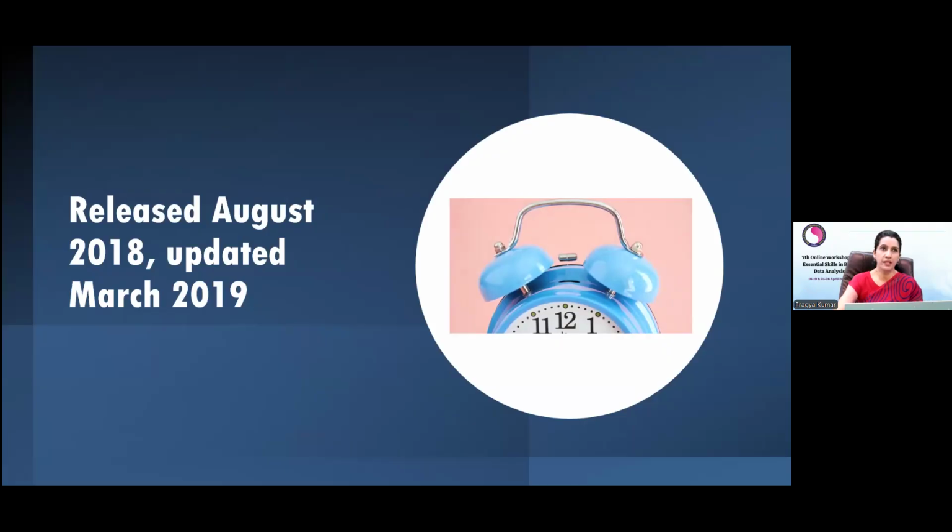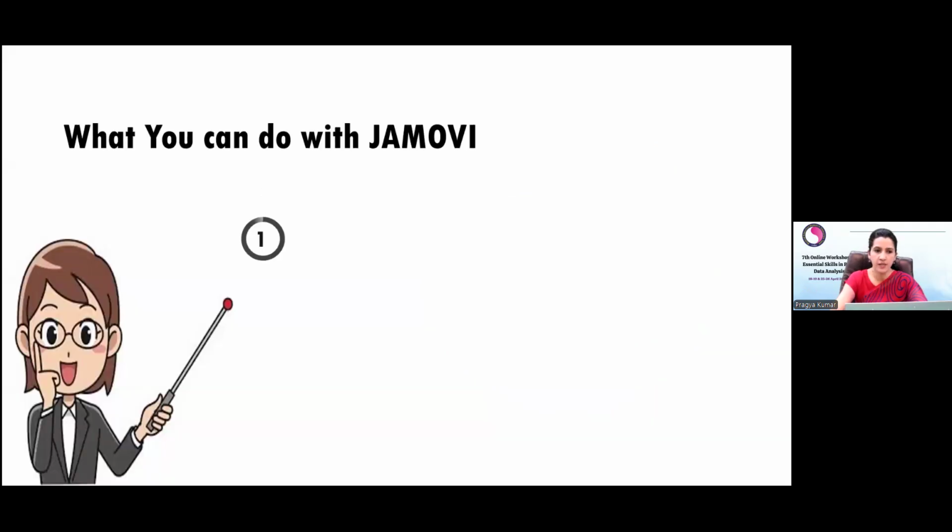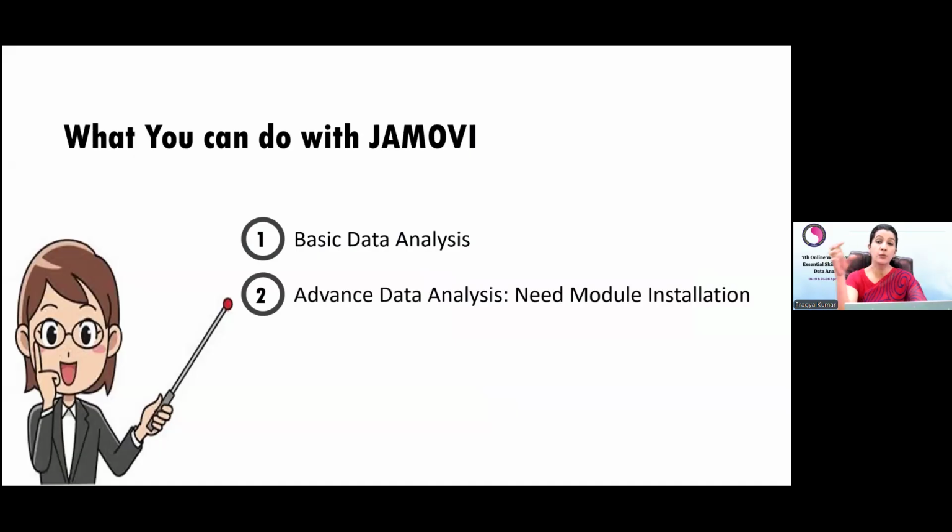It was released in August 2018 and got updated in 2019. With JAMOVI you can perform basic statistics and basic data analysis. When you install JAMOVI, it comes with this basic analytical package. But if you want to perform some advanced analysis, then you need to install a module, which we'll see how to do.